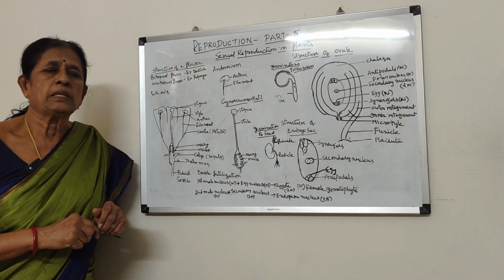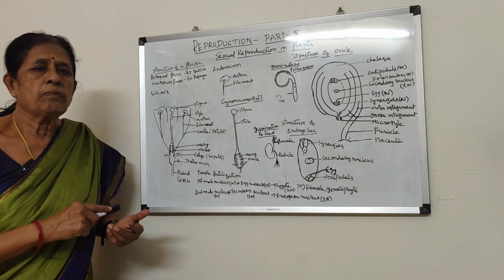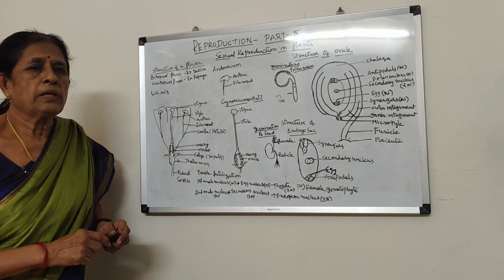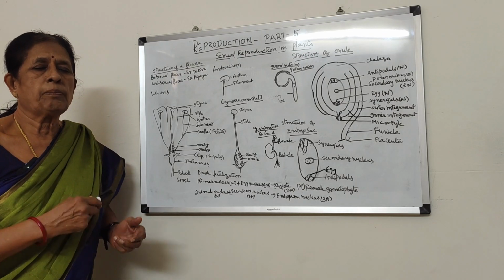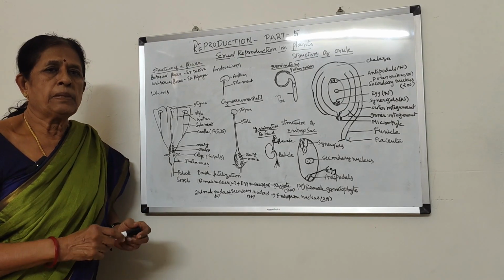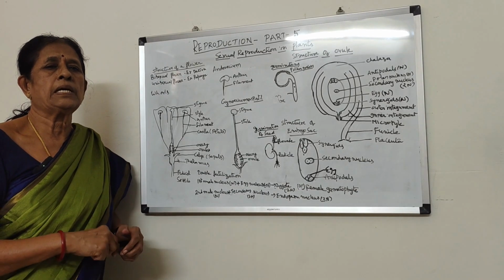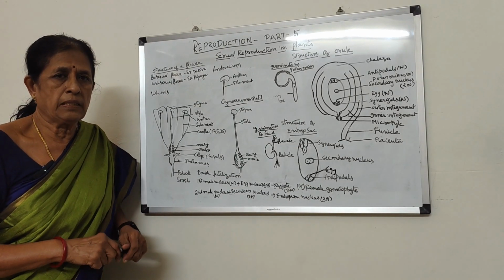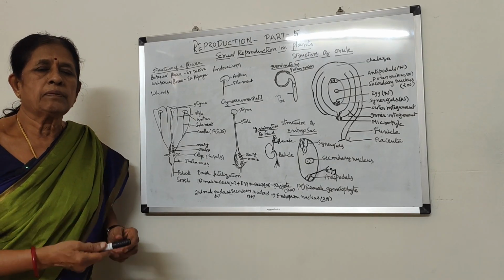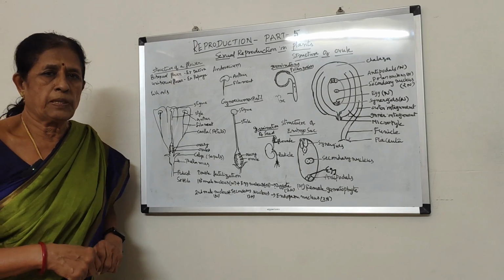What is pollination? Pollination is the transfer of pollen grains from one part of the flower to another part or another flower. If the pollen grains are transferred to the stigma of the same flower, it is called self-pollination. If the pollen grains are transferred to the stigma of another flower of the same species, then it is called cross-pollination.